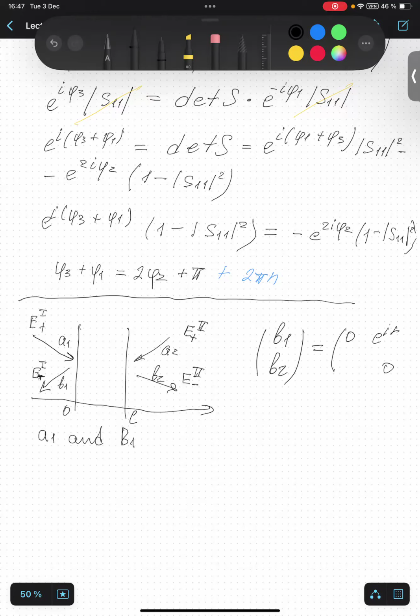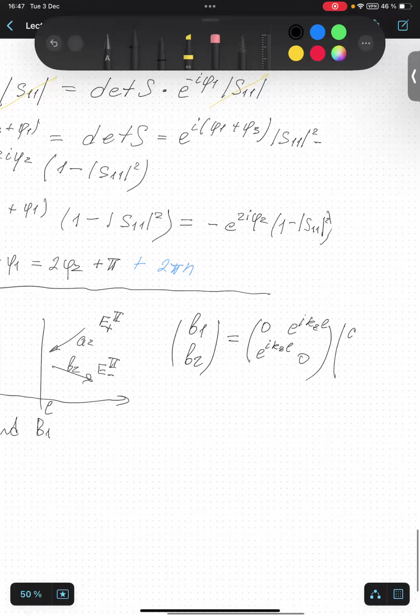Then exponent of i k_z L, here's the same exponent, i k_z L, and 1, 2.